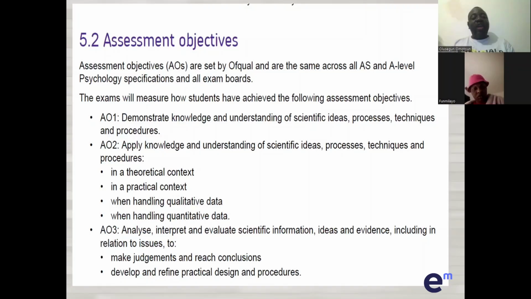So when you're looking at AO3, you give in-depth information, which includes both the strengths and the weaknesses of that psychological phenomenon that you want to look into so that it can have a proper understanding. So for example, most 15, 20 mark questions usually entail this.